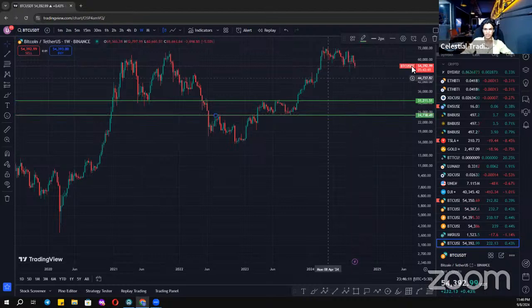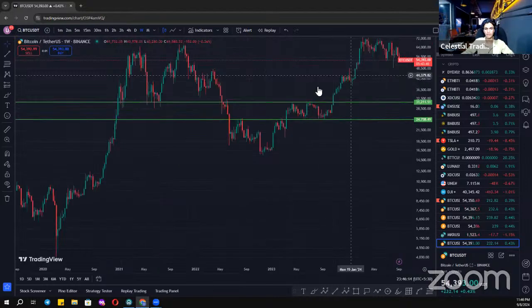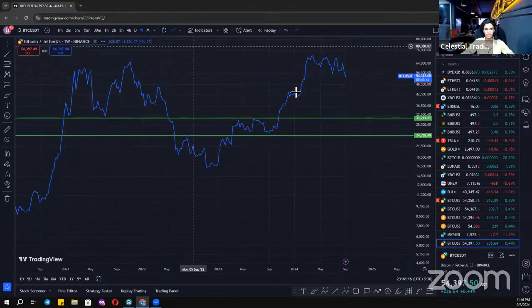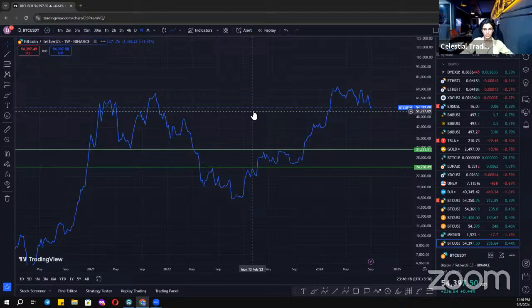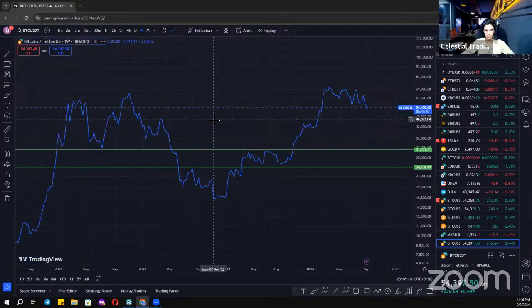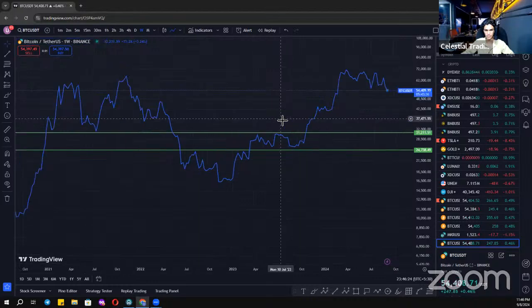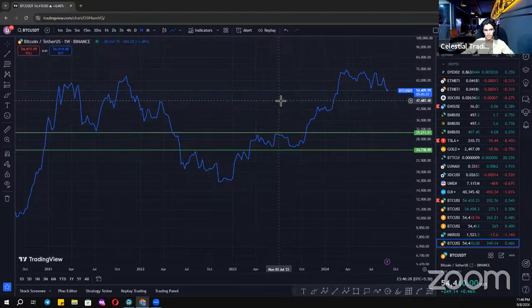Okay guys, now we mark the resistance that are below, the support that are below this area, and now let's mark the other support areas.